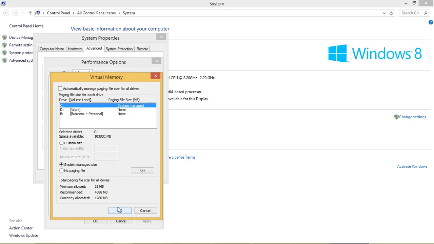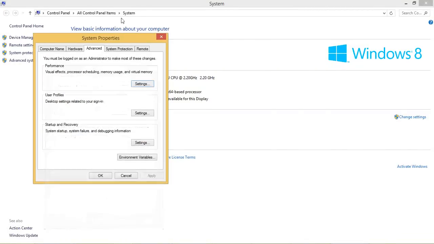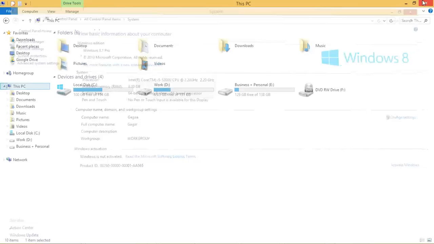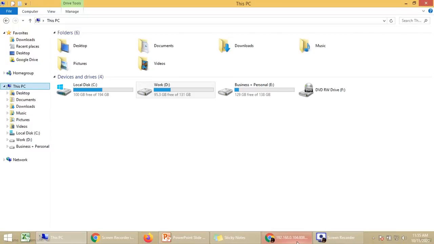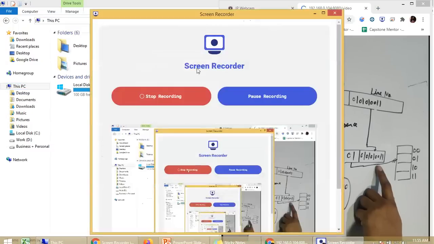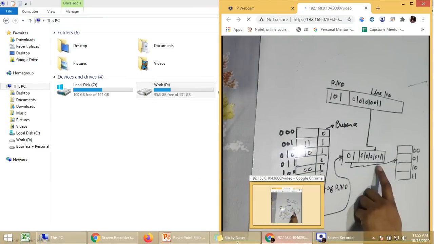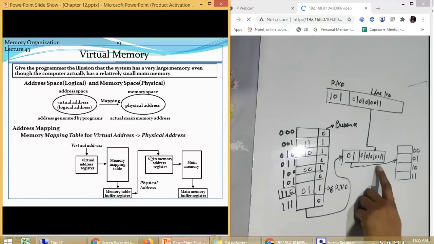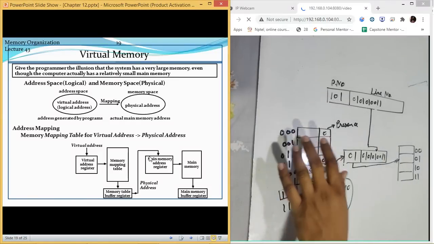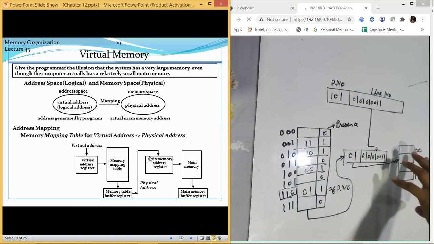So virtual memory simply gives you an illusion that you are able to use your hard drive as RAM. That is why we are using the same address in both of them. So it gives you an illusion that you are using the same address to refer to your hard disk drive as well as your RAM.